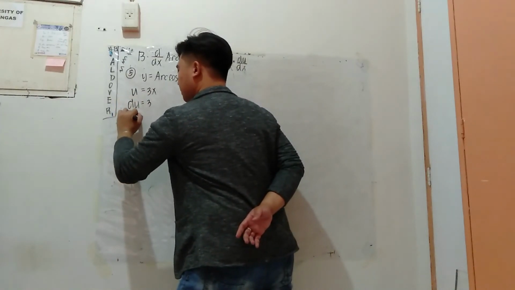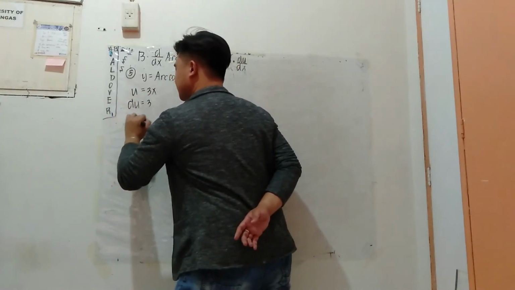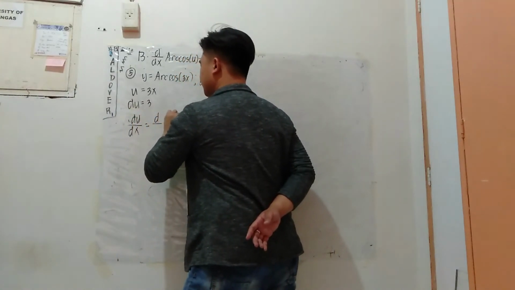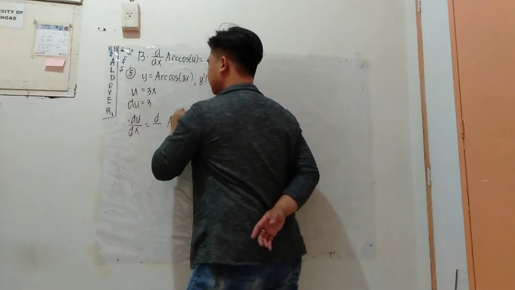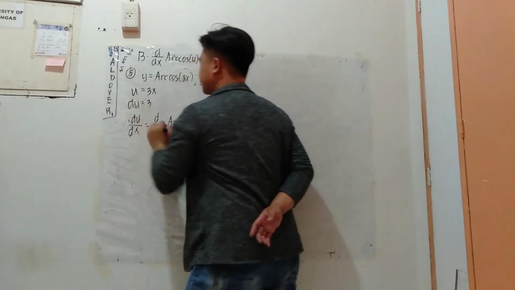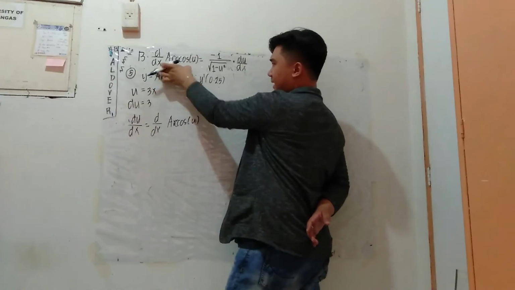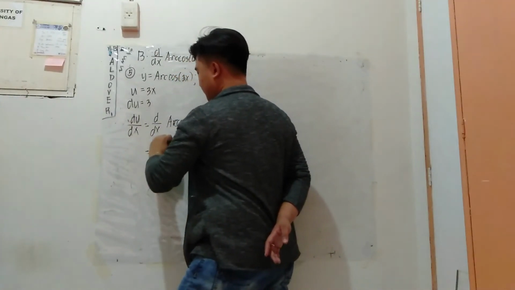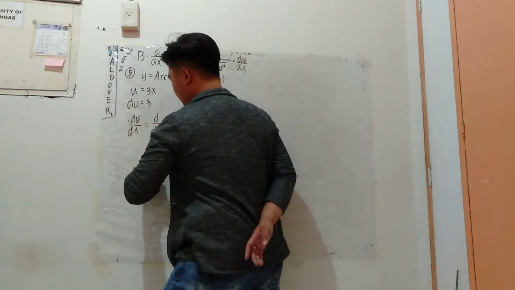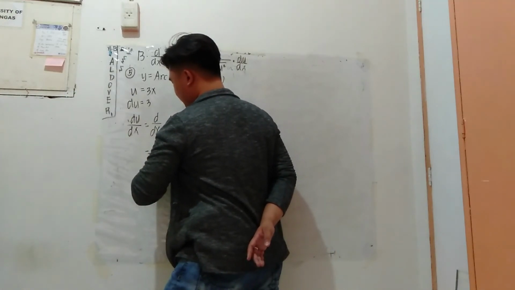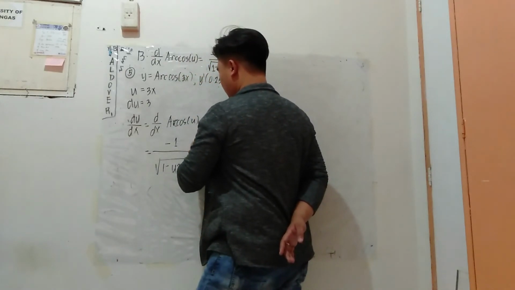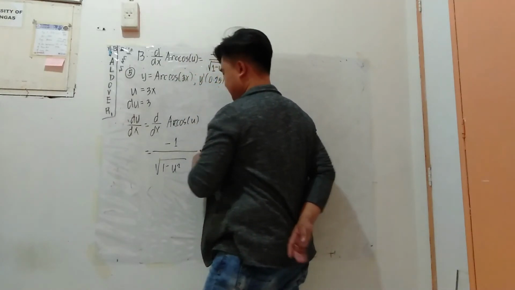So the derivative of y with respect to x is equal to the derivative of arc cosine of u with respect to x. Di ba? Kamukha na, kokopyahin ko na lang. So that is equal to negative 1 all over square root of 1 minus u squared times du/dx.